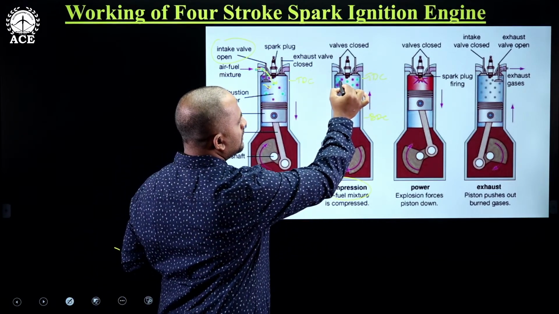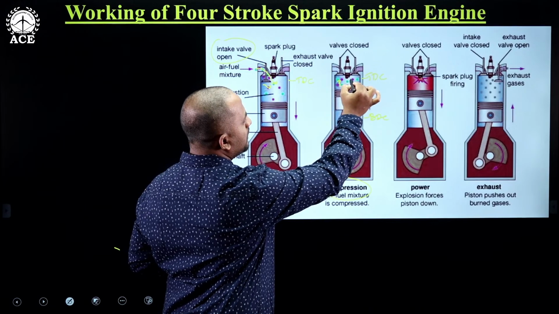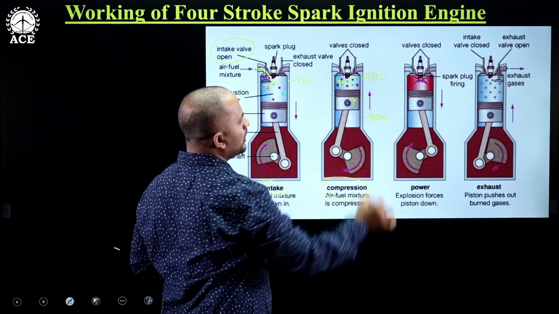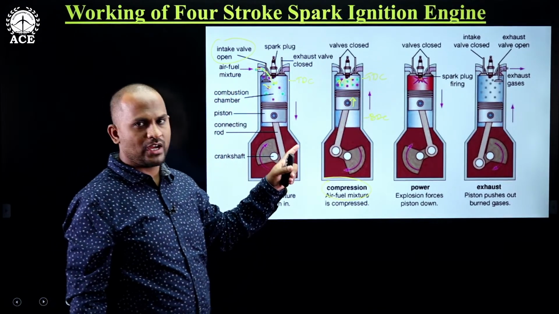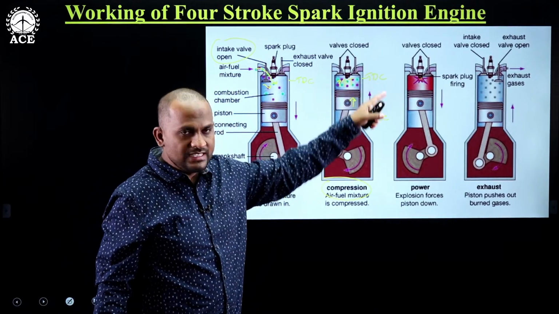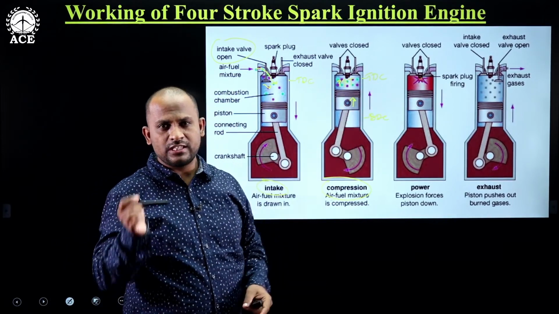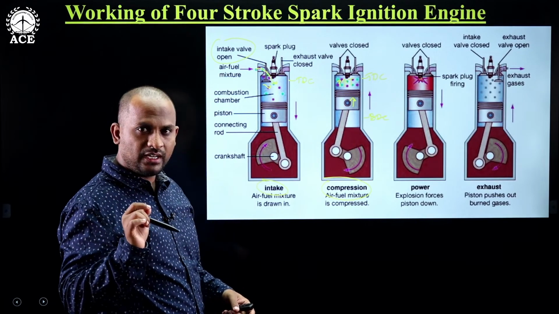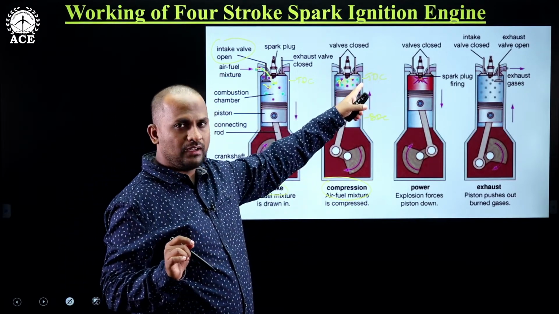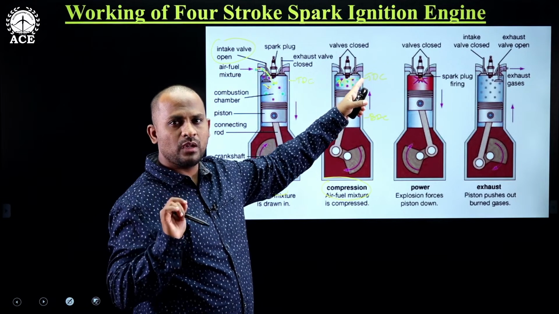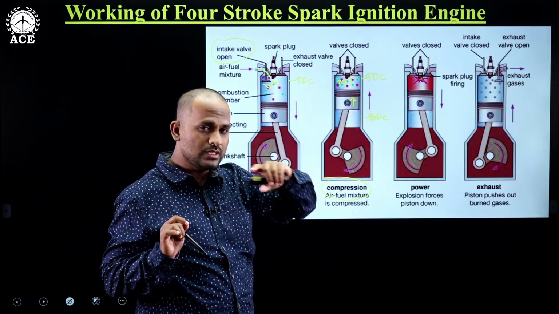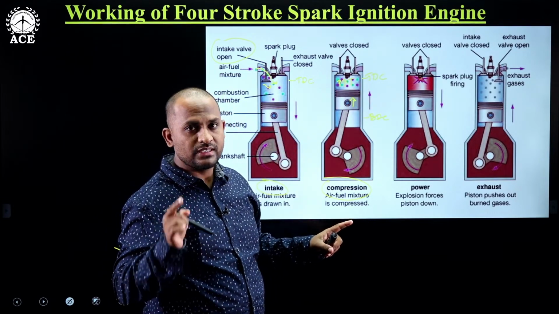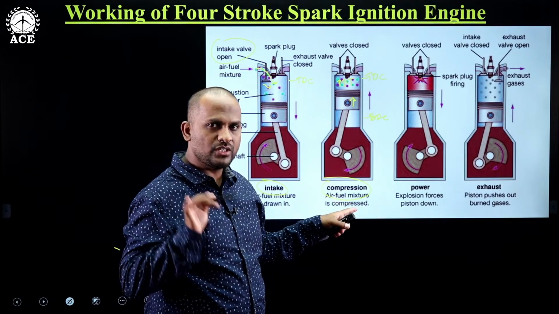Now when the piston reaches the TDC point, a small spark is created with the help of a spark plug, in the case of spark ignition engines. That completes our compression process.